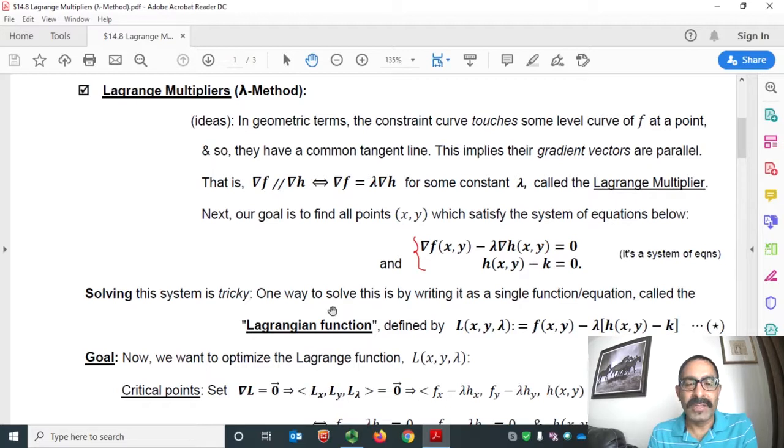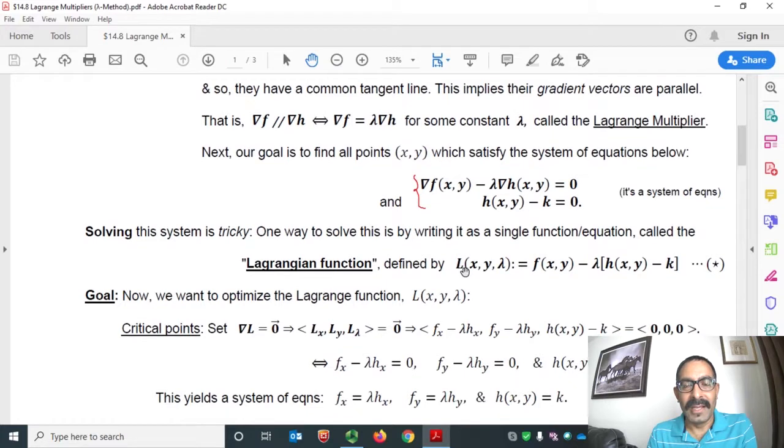One way is by writing it as a single function called the Lagrangian function, defined by L(x,y,lambda). L is for Lagrangian. L(x,y,lambda) equals the objective function f(x,y) minus lambda times the constraint, h(x,y) minus k.